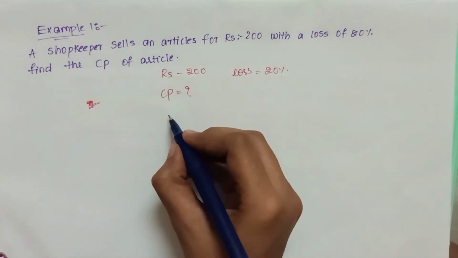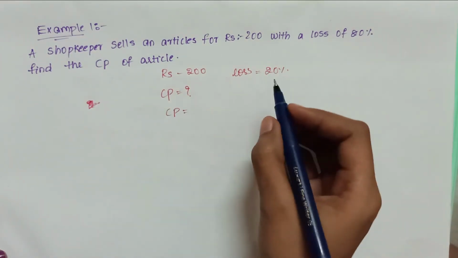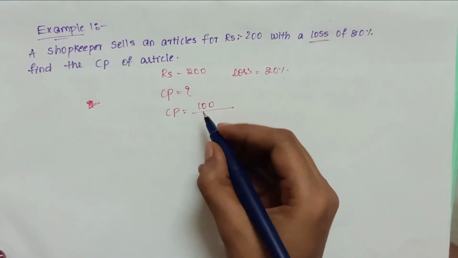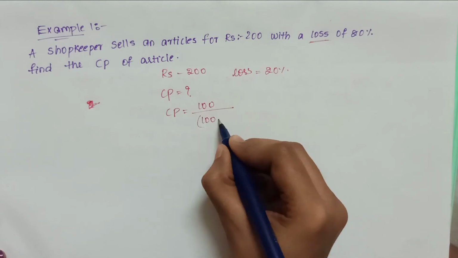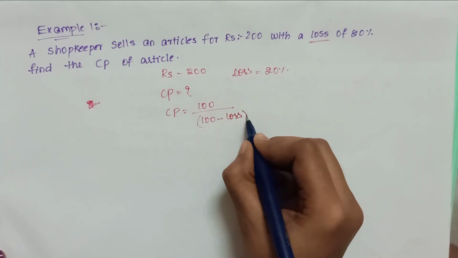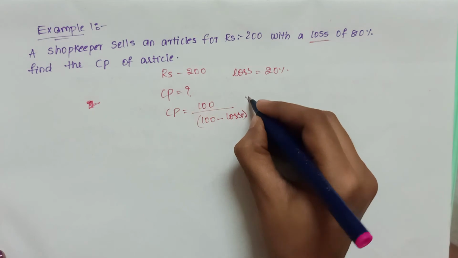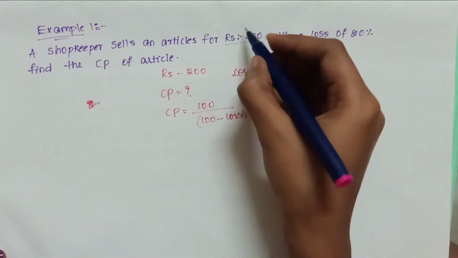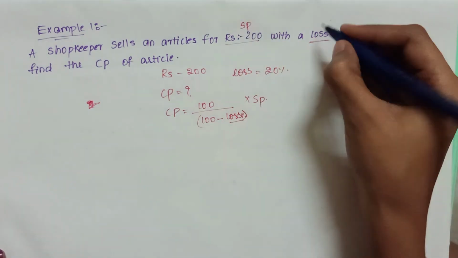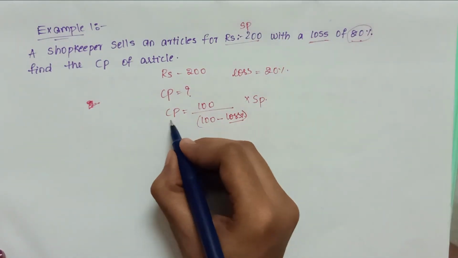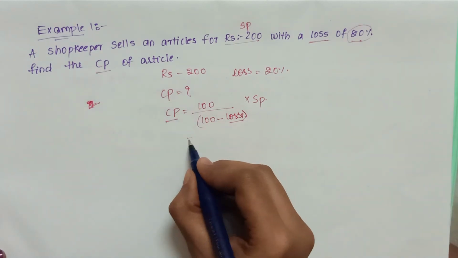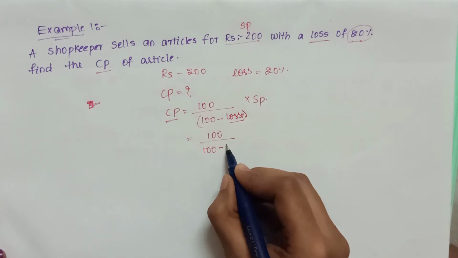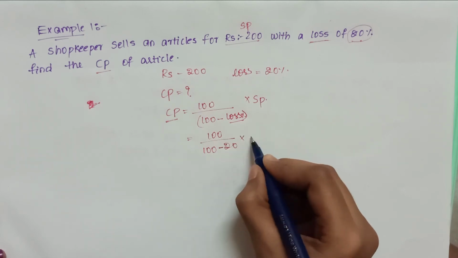CP formula is CP equals 100 by, here loss, so we should use the loss formula, 100 minus loss into SP, because 200 is SP, loss is 20%. So 100 by 100 minus 20% into 200.